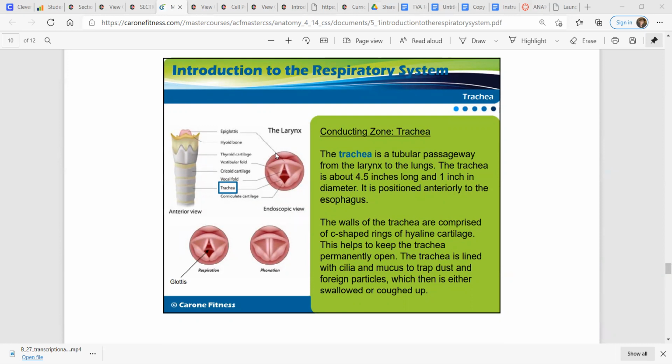The walls of the trachea are comprised of C-shaped rings of hyaline cartilage. This helps to keep the trachea permanently open. The trachea is lined with cilia as well, those tiny little hairs, and mucus to trap dust and foreign particles, which then is either swallowed or coughed up.